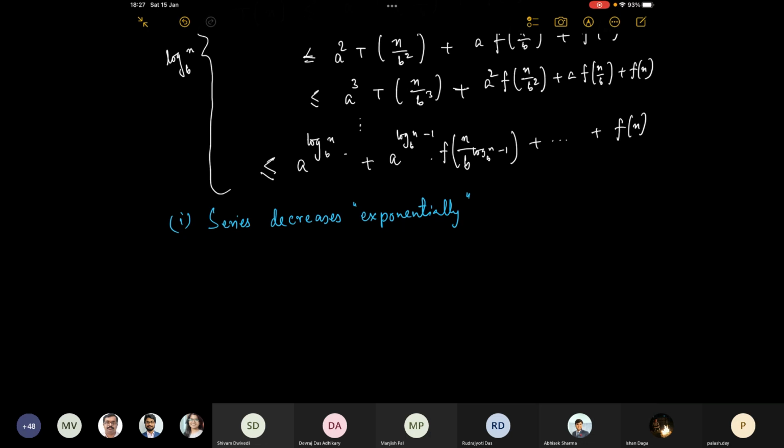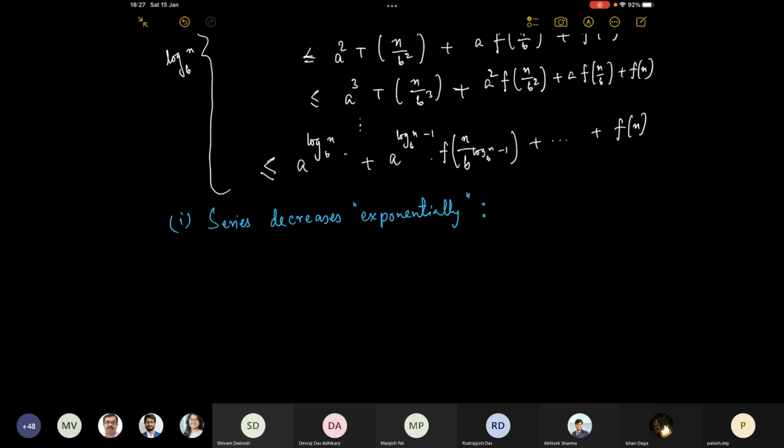What do we mean by exponentially decreasing series? Can someone tell me? What does this statement mean? When do we say a series is... Yes, please. So the rate of change of the function is also an exponential function. No, it's very easy. It's like a geometric series, but it is decreasing. So exponentially decreasing means that it's a geometric series and it is decreasing. That's it.